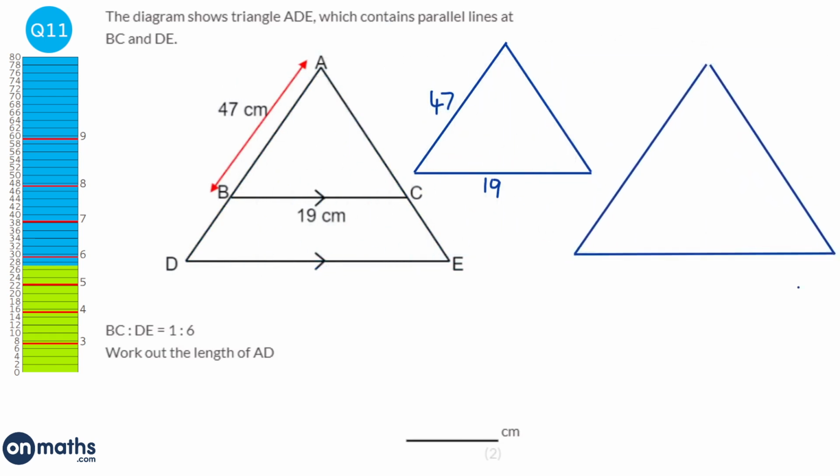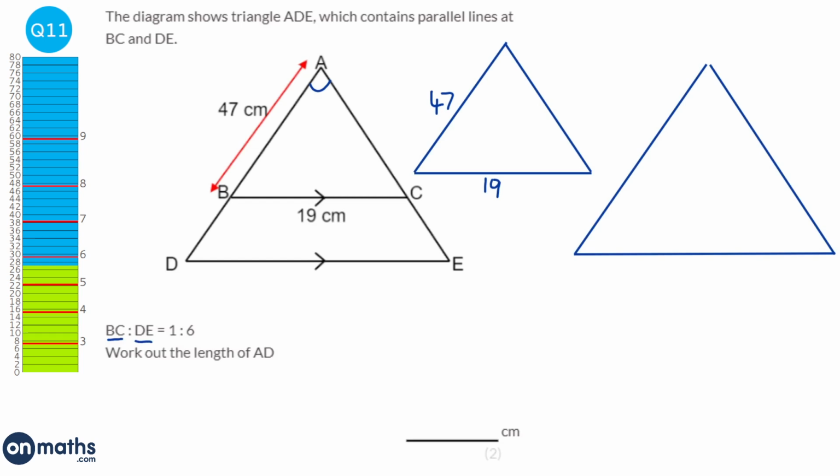Okay, now we know that both of these triangles are similar, and the reason is they share an angle and the lengths at the bottom are parallel, so they will be similar, which means one's an enlargement of the other. And we are given some information in the question that the ratio of BC to DE is 1 to 6.